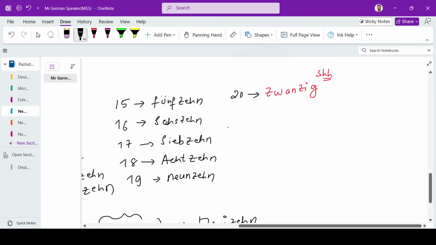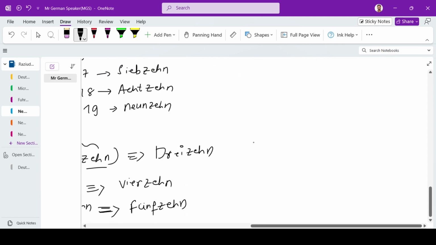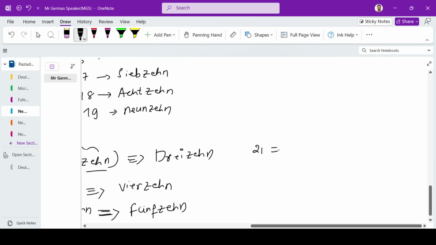Okay, so similarly, we have 21. We can write this 21 as 20 plus 1. So this will also be written as 1 plus 20.